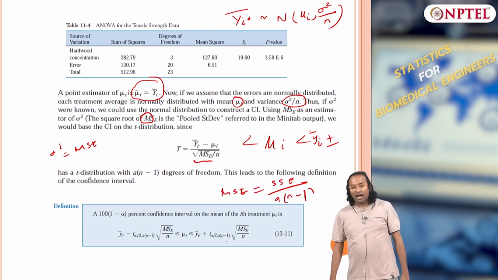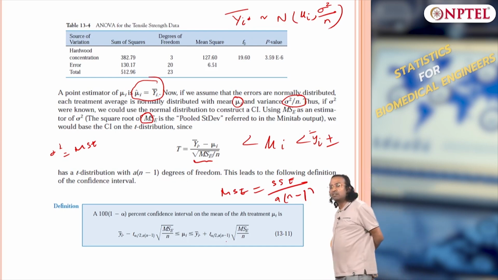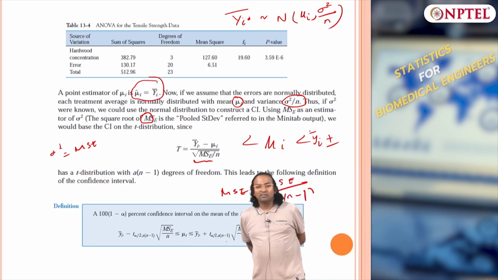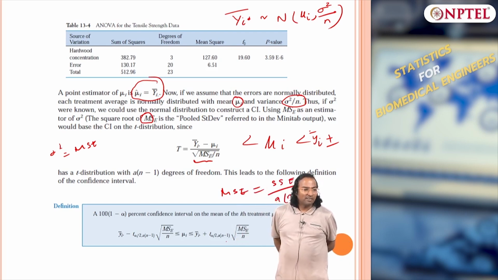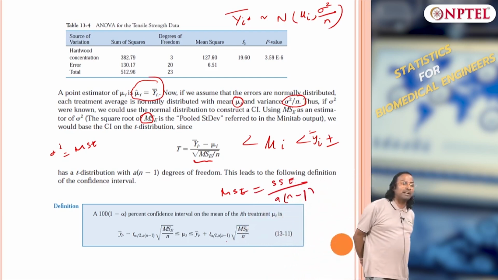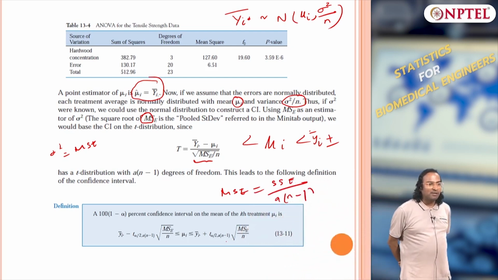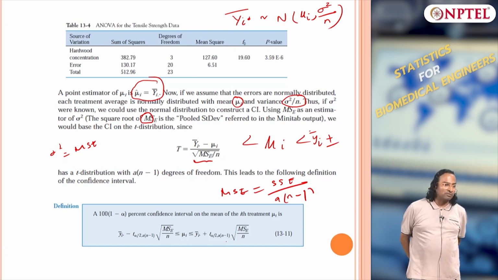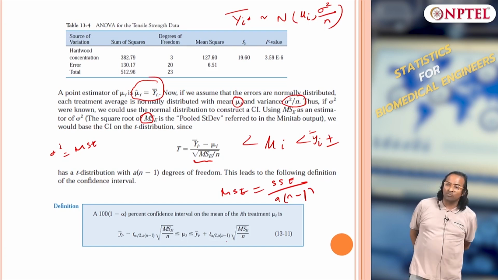So now I can give confidence limits for each mu i. So for each treatment mu i I can give confidence intervals. Now look at it, all in one shot, we do not do multiple. I can give confidence intervals all in one shot.